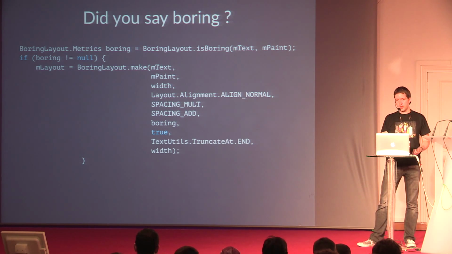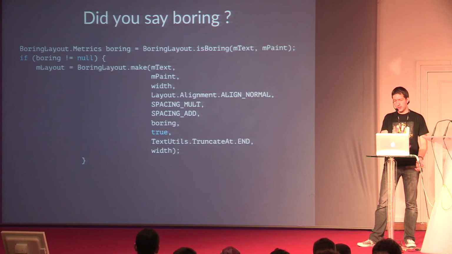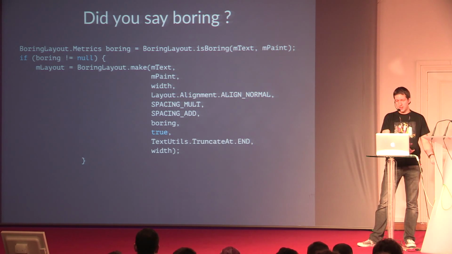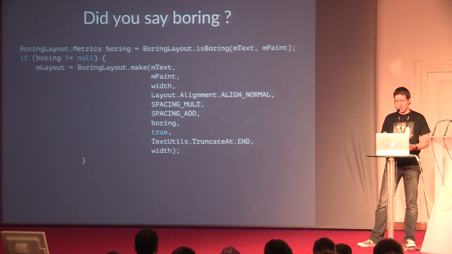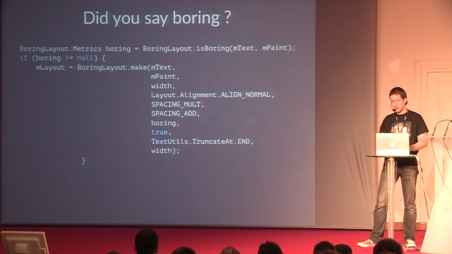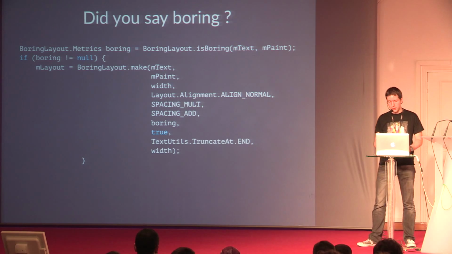There are many parameters, but most of the time you don't really have to think about them because you want a normal alignment of text, you want a normal space between each character and each line, and you want to truncate the text at its end. It's very classical.